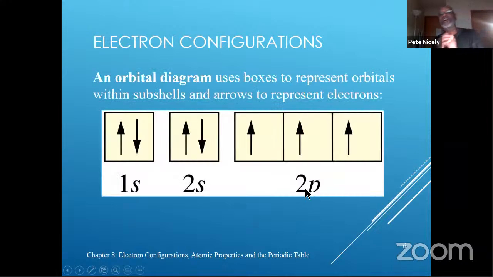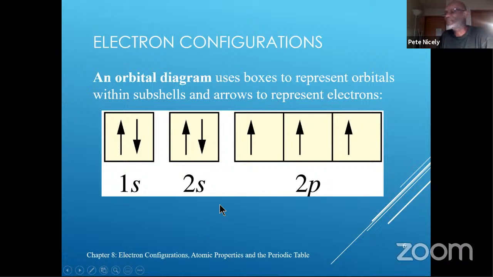Another way of representing how the electrons are distributed among the orbitals is by using what is called an orbital diagram, or in some textbooks, electrons in boxes. Each box represents a separate orbital, right? So you have a 1s orbital here, a 2s orbital here, and three 2p orbitals over here. The arrows represent the electrons occupying the orbitals. And you'll notice that when the arrows occupy the same orbital, they're pointing in different directions. One is pointing up, one is pointing down. This is indicative of the spin quantum numbers that we were talking about in the previous chapter.